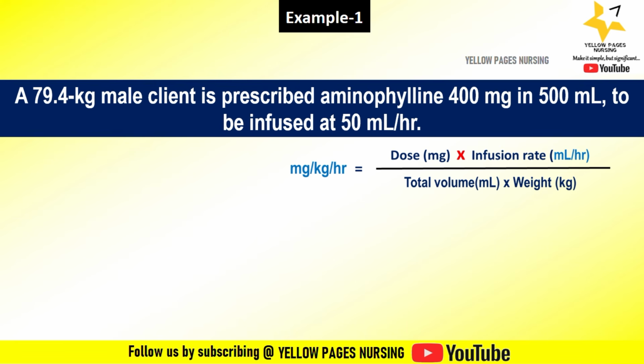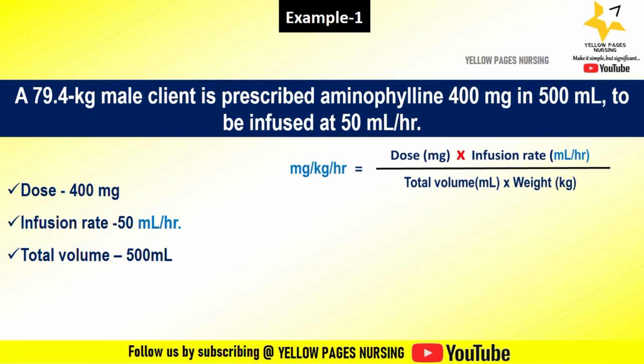As per the question, the dose of aminophylline is 400 milligram and it is running at the infusion rate of 50 ml per hour. Total volume of aminophylline to be infused is 500 ml and weight of the patient is 79.4 kilogram.